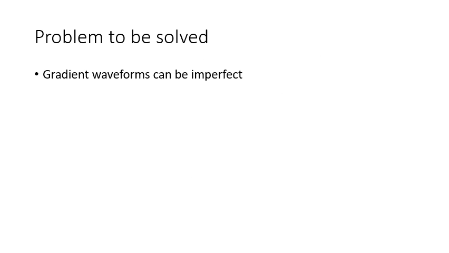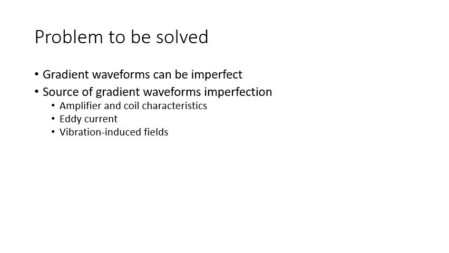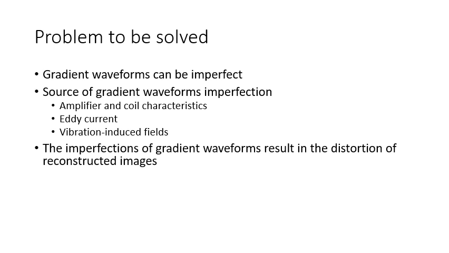As we all learned from this class, the gradient coils can be imperfect. This can be led by several factors, such as amplifier and coil characteristics, eddy current and vibration-induced fields. If we just assume the gradient waveforms are perfect, and we generate the k-space trajectory based on these perfect gradient waveforms, we cannot get reconstructed images with desired quality.